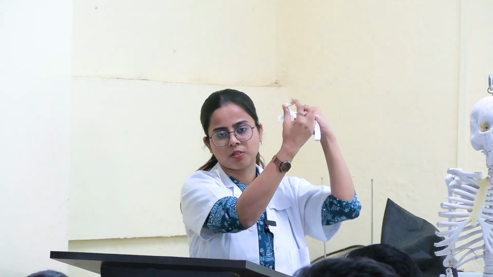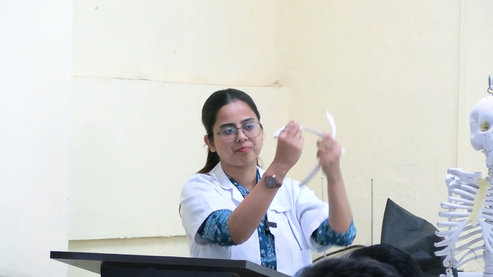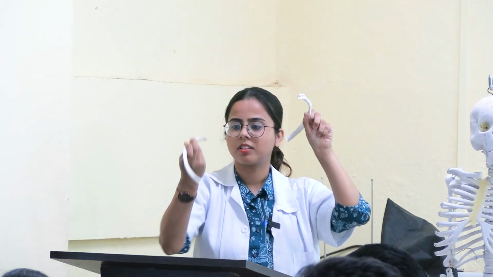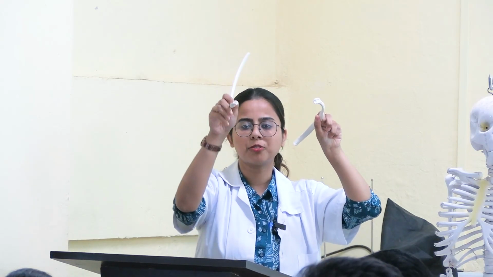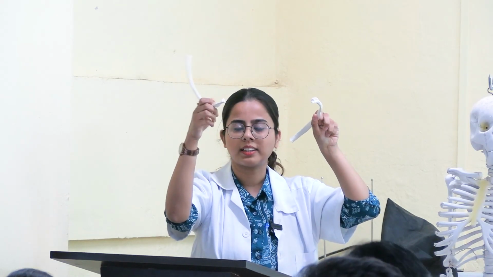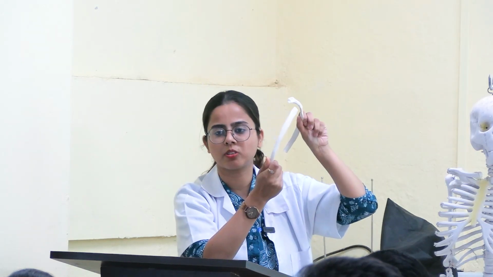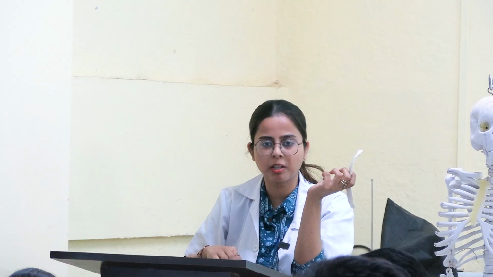This is smaller, and also it has only one articular surface in the posterior end. Can you see? This is a typical one. A typical one will have two articular surfaces in the posterior end for articulating with the vertebra, but this has only one.